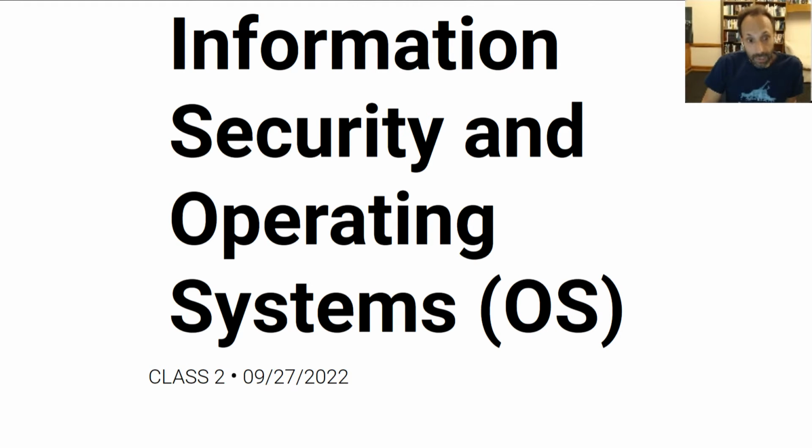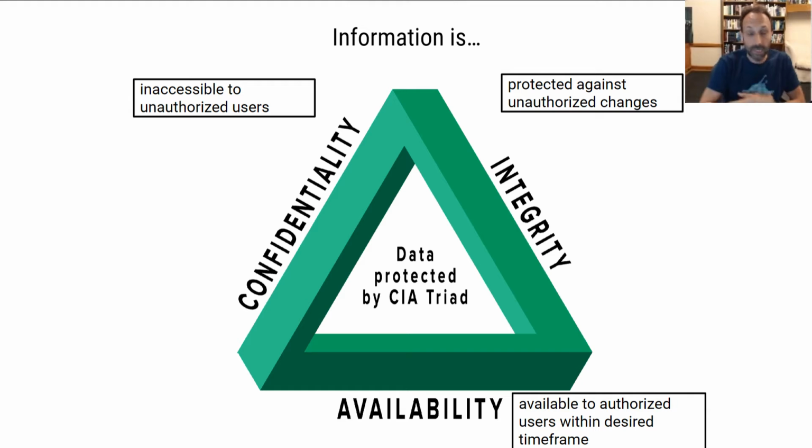Hacking targets various dimensions of information security. This is your standard representation of the information security model, called the CIA triad, not Central Intelligence Agency, but confidentiality, integrity, and availability.